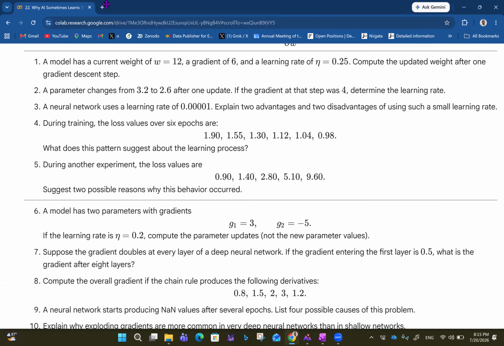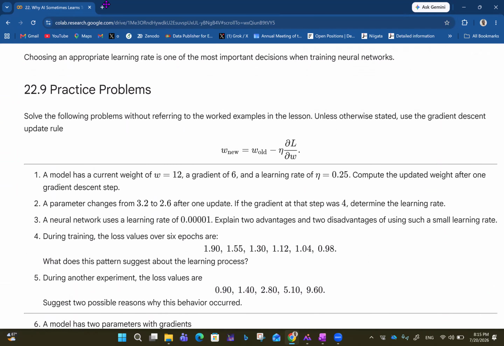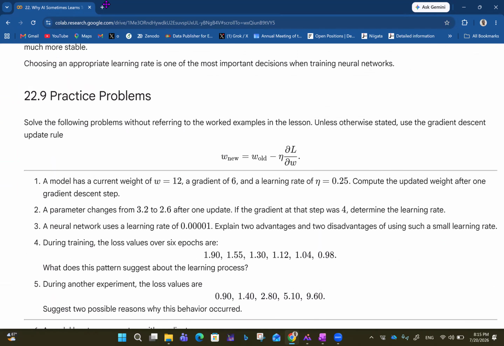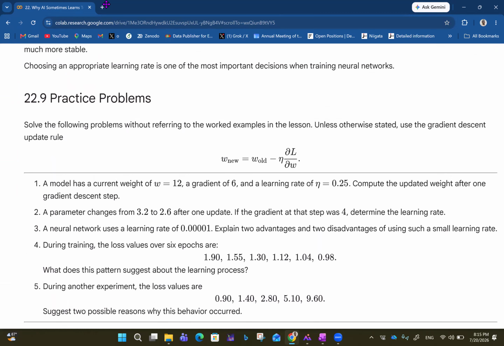So again, look at the problems. Here you can see 1 to 5. Solve the following problems without referring to the worked examples in the lesson. Unless otherwise stated, use the gradient descent update rule: W new equals W old minus eta dL/dW.